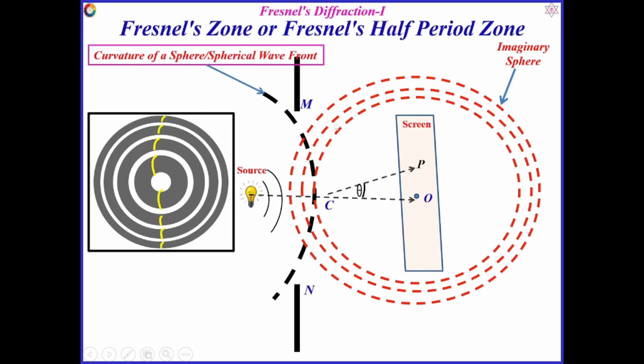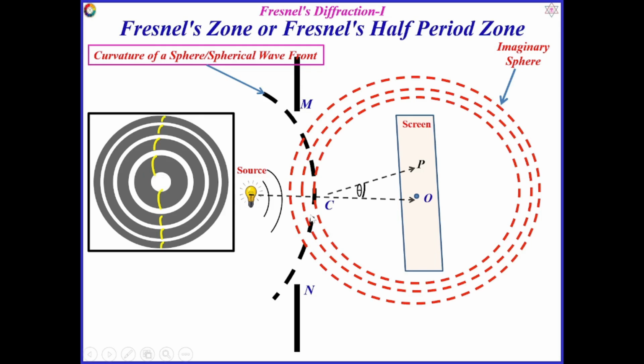If it is a portion of the sphere and we consider another sphere intersecting this wavefront, then it will cut here and here, and in between this portion we get another zone that will be called the third half period zone, or Fresnel's third half period zone.